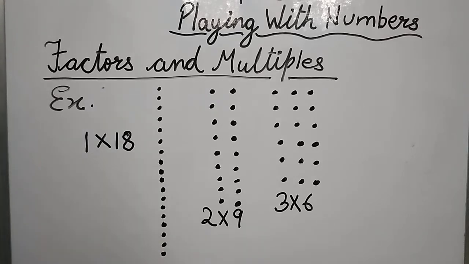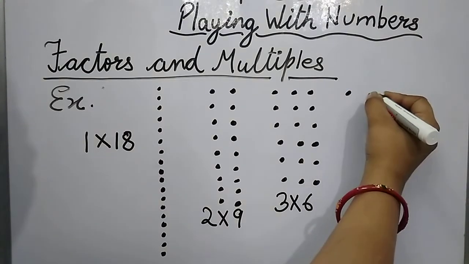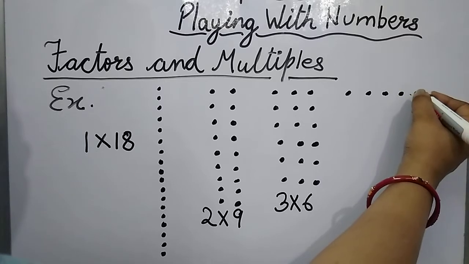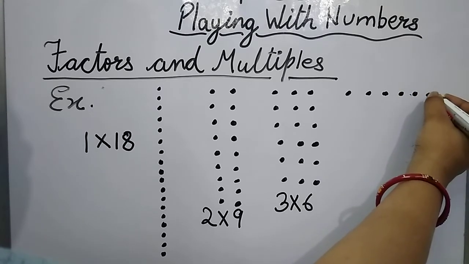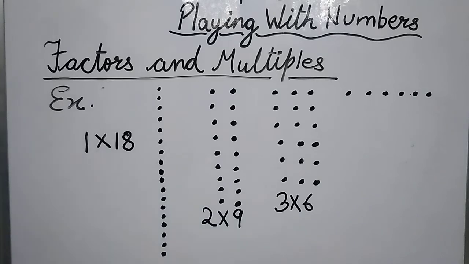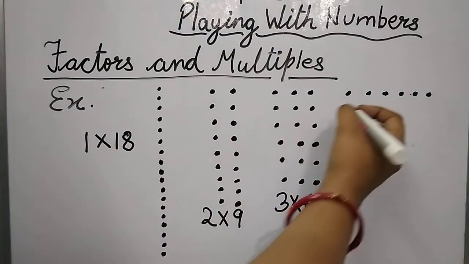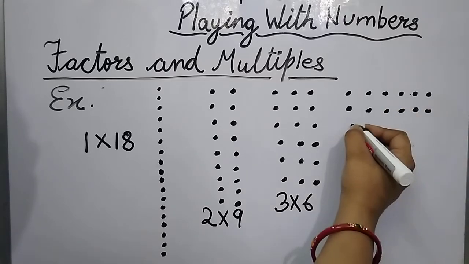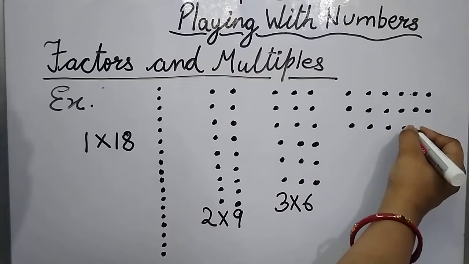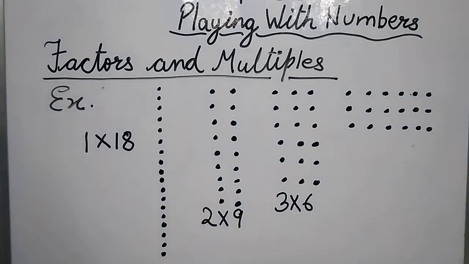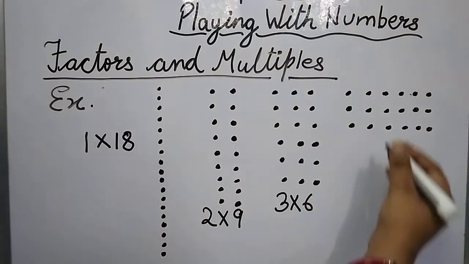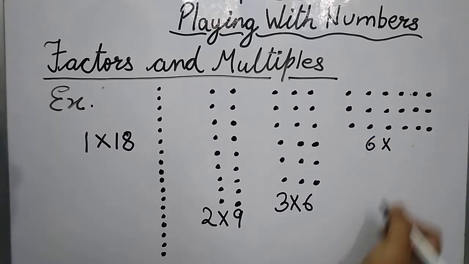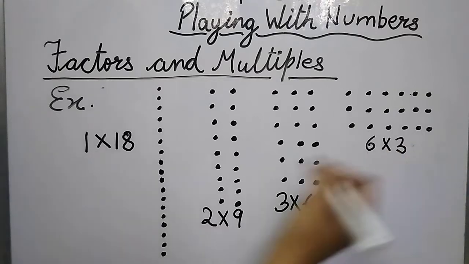Then we can arrange them within 3 rows, and each row will contain 6 marbles. So this will be 6 marbles in each row multiplied with the number of rows, that is 3.